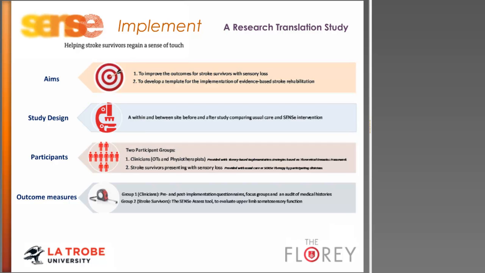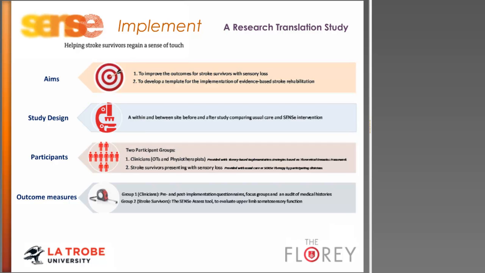But an ultimate aim of the project as well is to develop a template for knowledge translation of evidence-based stroke rehabilitation. We don't currently have a synthesis of evidence for what actually works in translating evidence to practice in stroke rehabilitation.